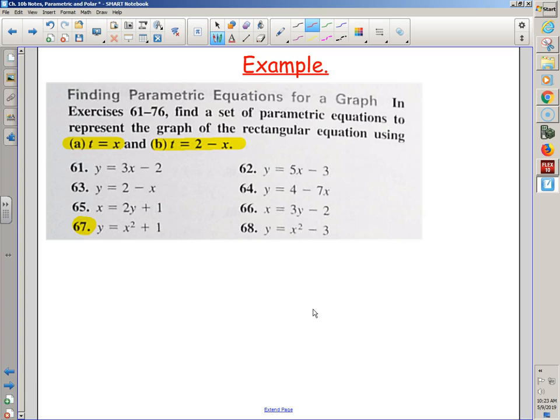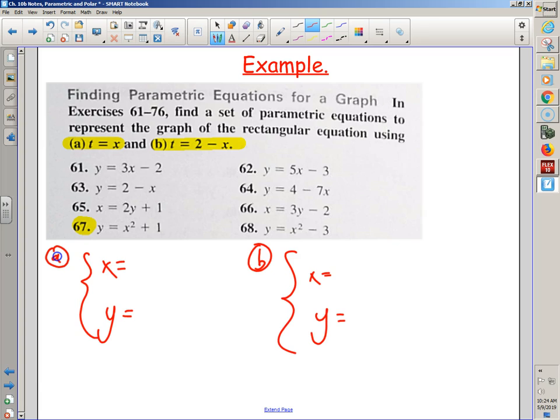Well, you know parametric come in pairs. So we're going to need an x guy and a y guy for A. And for number 67, again, we're going to need an x guy and a y guy for B. But the nice thing is they gave us clues. So guys, for A, who's x equal to? And since x equals t, can't I plug it in the x spot? Yep. So y is t squared plus 1.